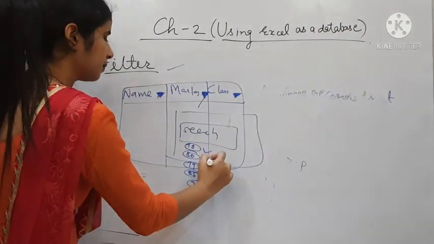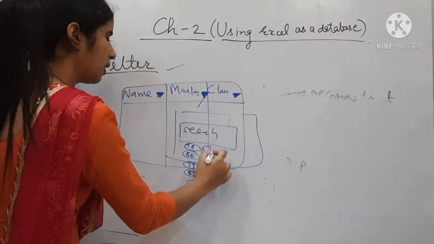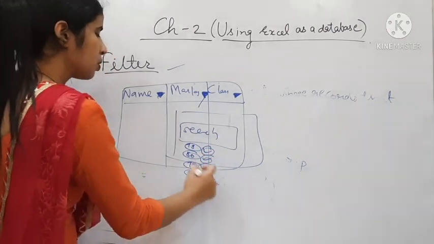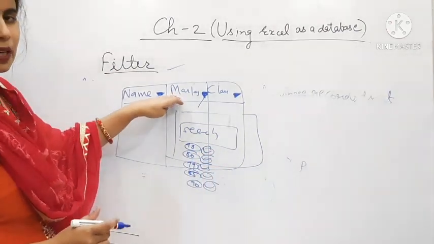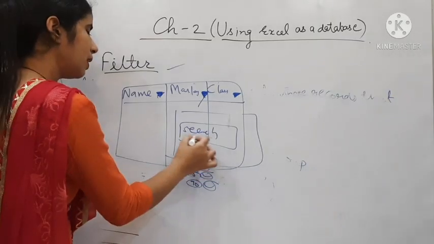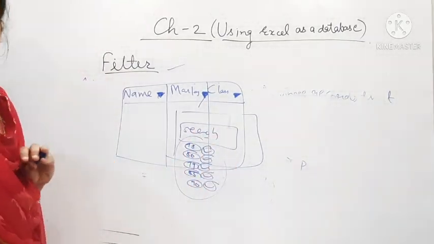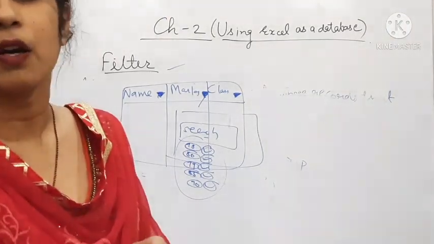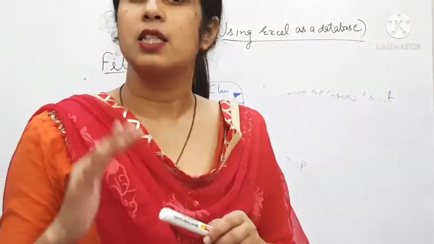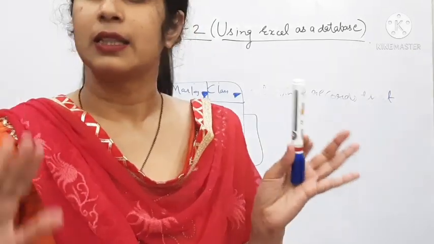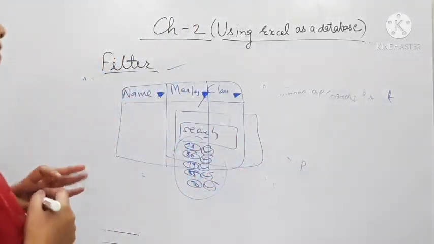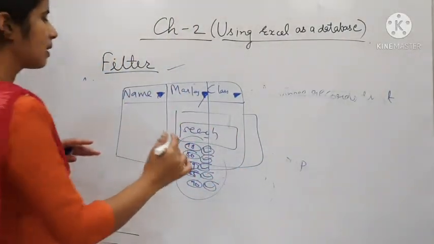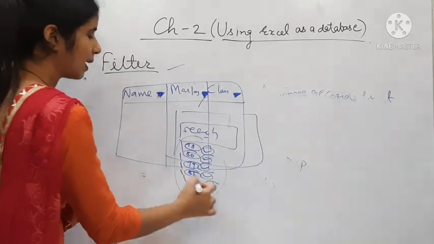So when I choose, a tick mark will come here. So in the marks field, we will get only these. 70, 75, these marks will not appear there. This filter has filtered the data and shown us only the marks that meet these criteria.